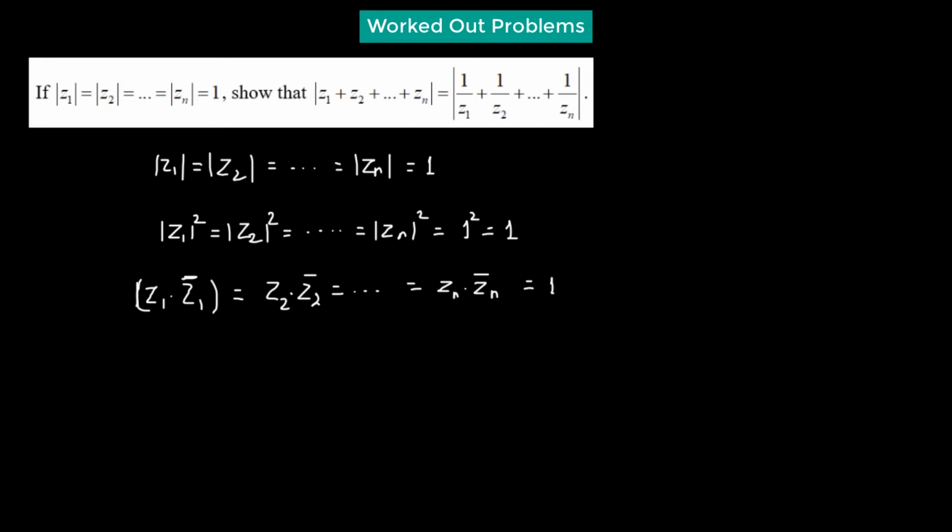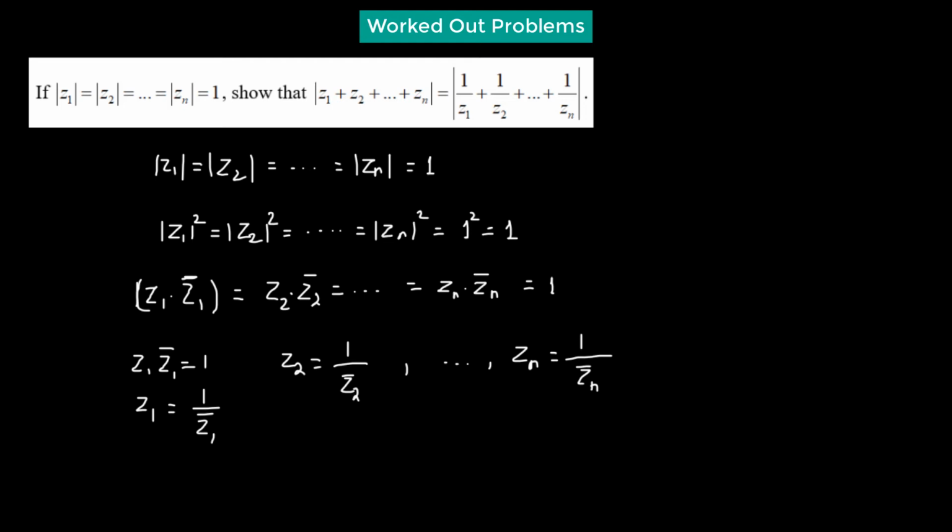Now we consider the first part. So we have z1 multiplied by its conjugate is equal to 1, so that gives us z1 is equal to 1 over z1 conjugate. Similarly we get for z2 the reciprocal of its conjugate, and zn will be equal to the reciprocal of its conjugate.